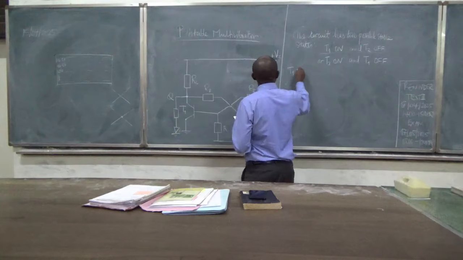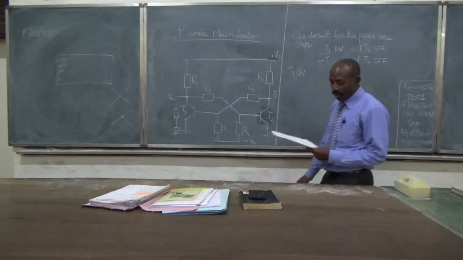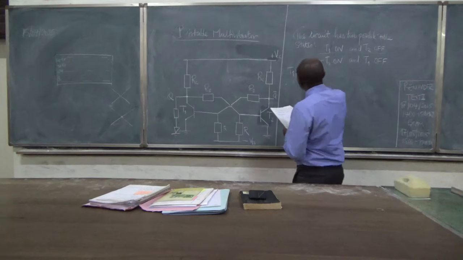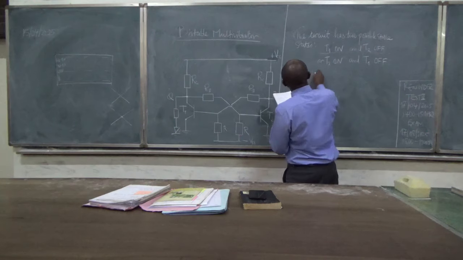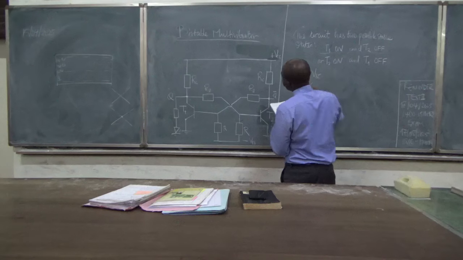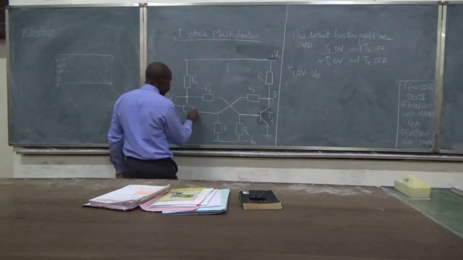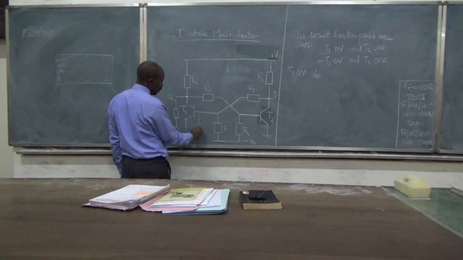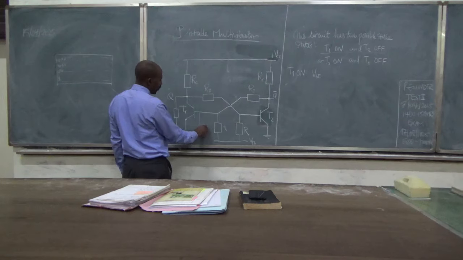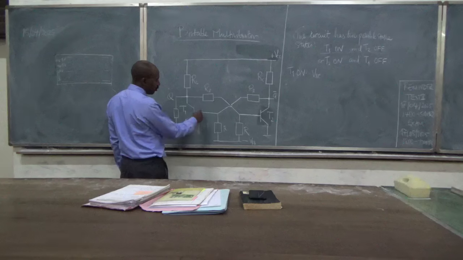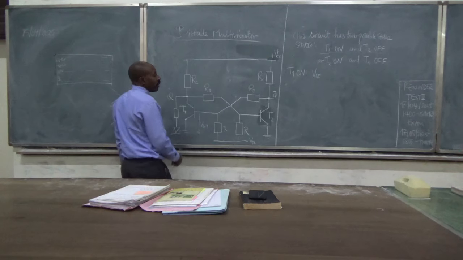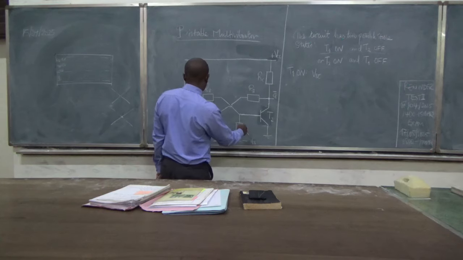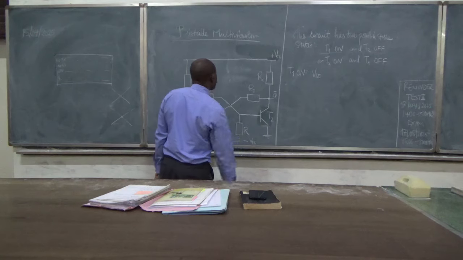Okay, so what does it mean by T1 on? T1 on means that VBE1, this is base 1, emitter 1, collector 1. So VBE1 is this voltage across here, and then VBE2 will be across here.